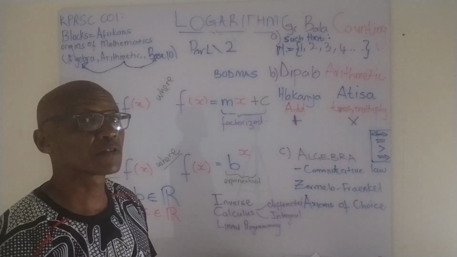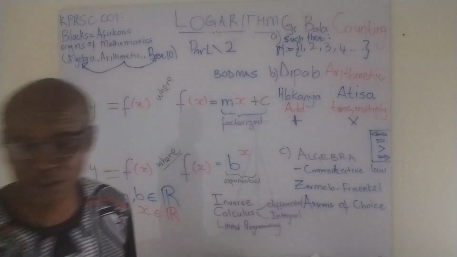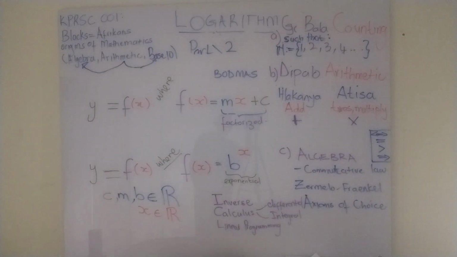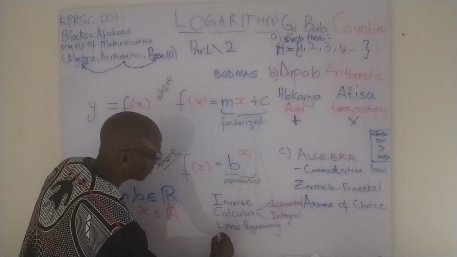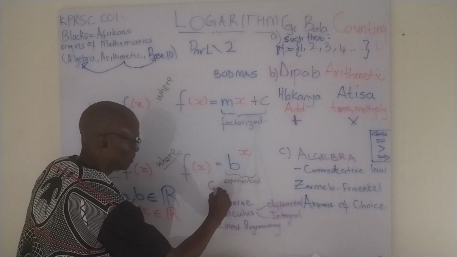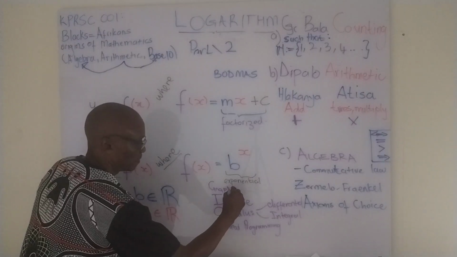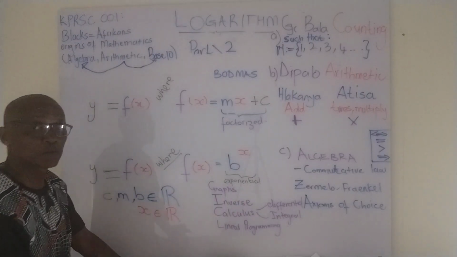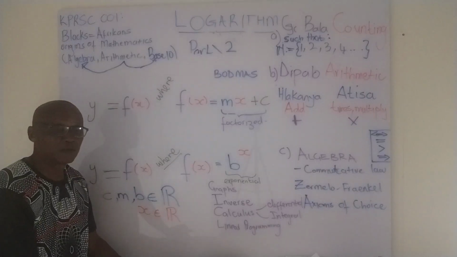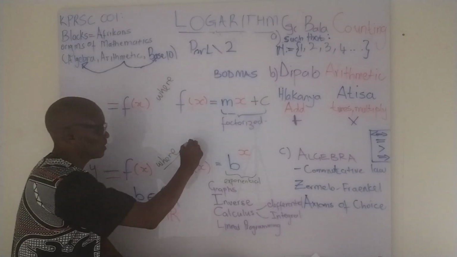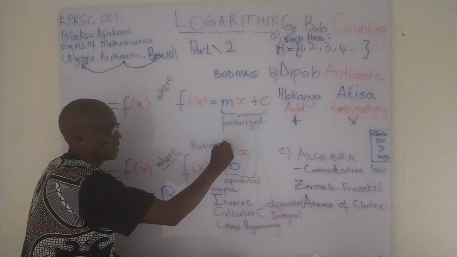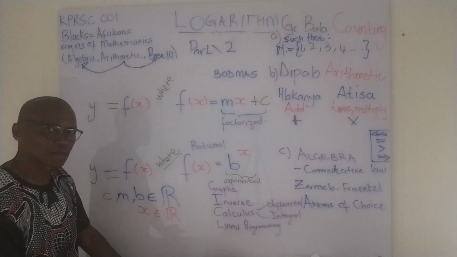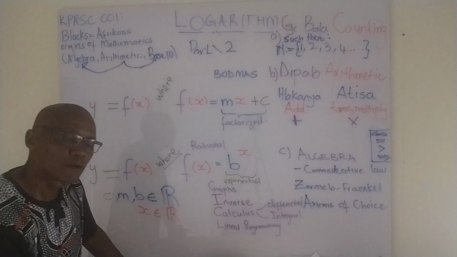We're going to draw graphs. Because you've got a function, we are going to do rational expressions and functions and equations, polynomials.